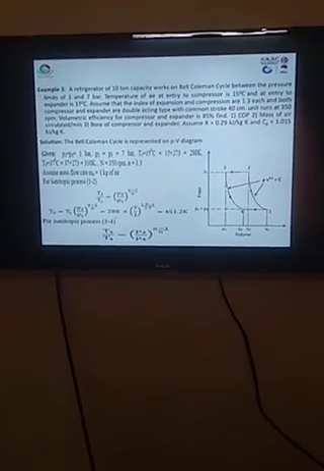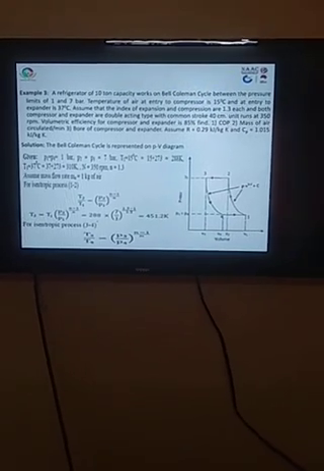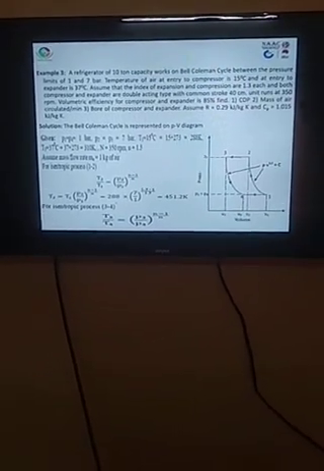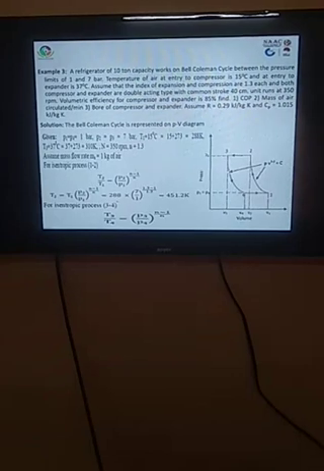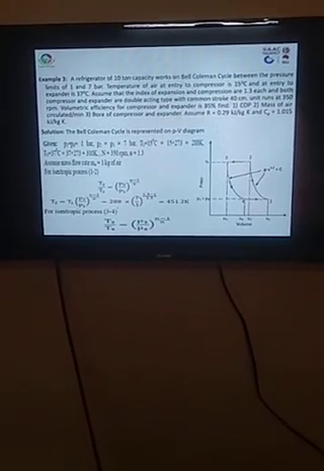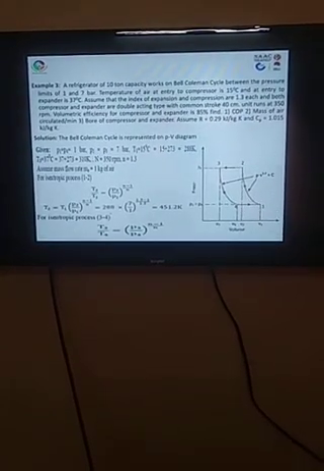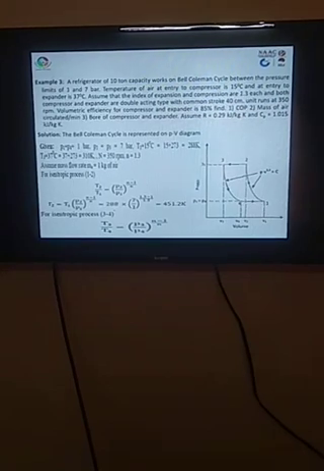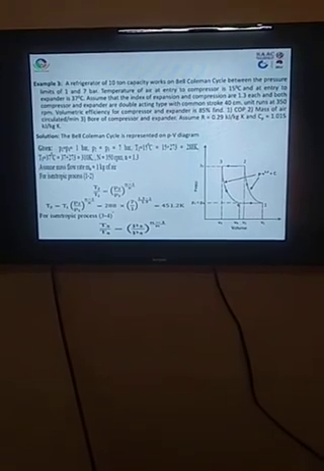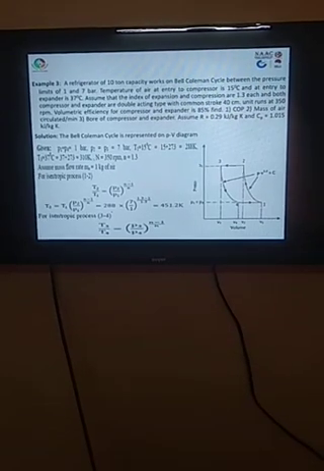The small n value is 1.3. And one more important thing is that in this particular example of Bell-Coleman cycle, the double acting cylinder is there. Therefore n is equal to 2 we have to consider for this particular example, and we are assuming the mass flow rate of the air as 1 kg of air.